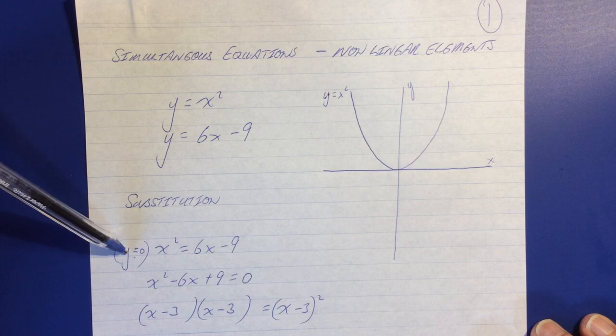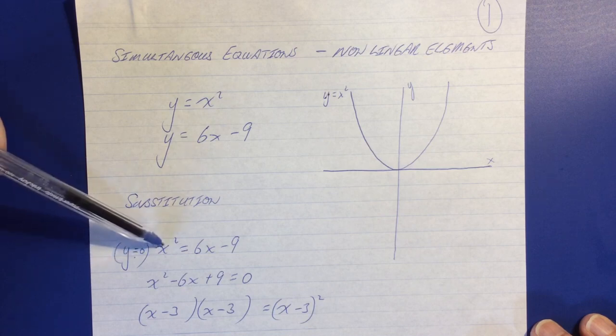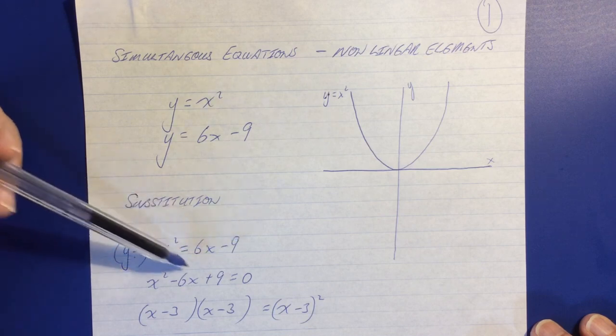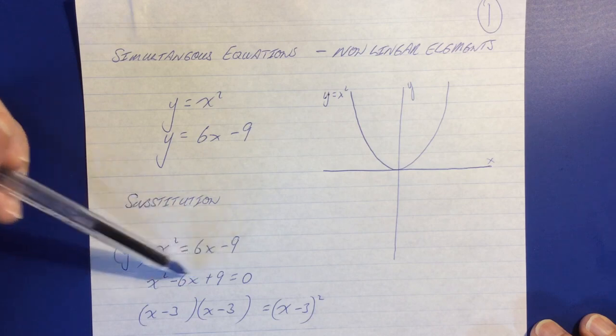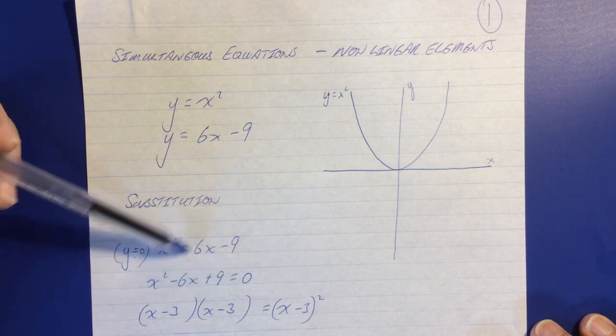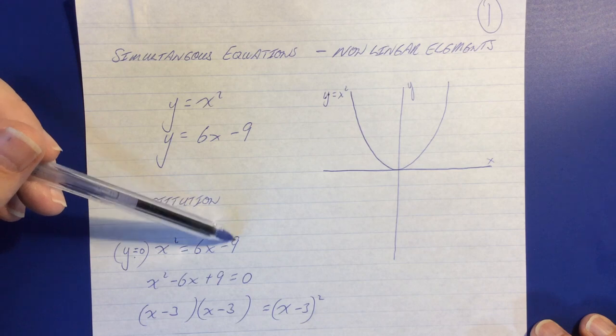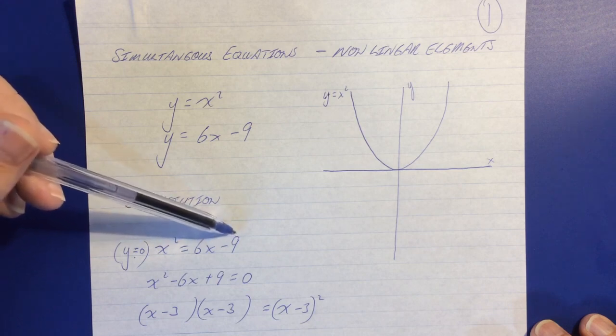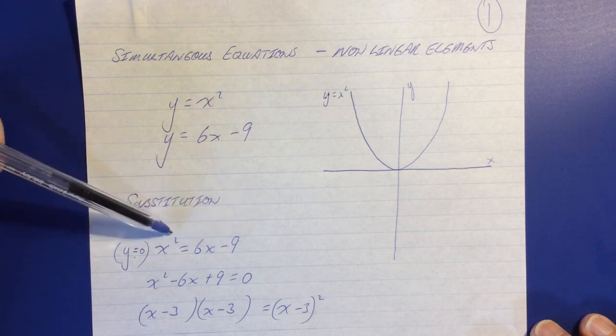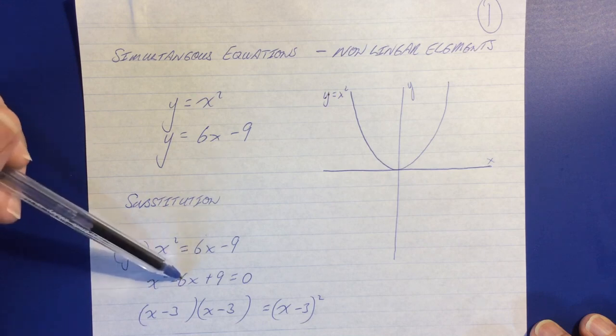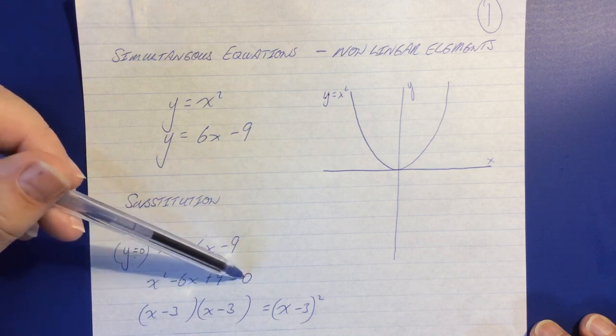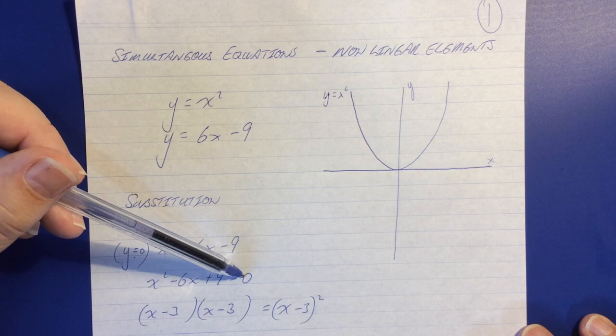We move the 6x and the 9 to the left-hand side of the equation by adding negative 6x and 9. And we get x squared minus 6x plus 9 equals 0.